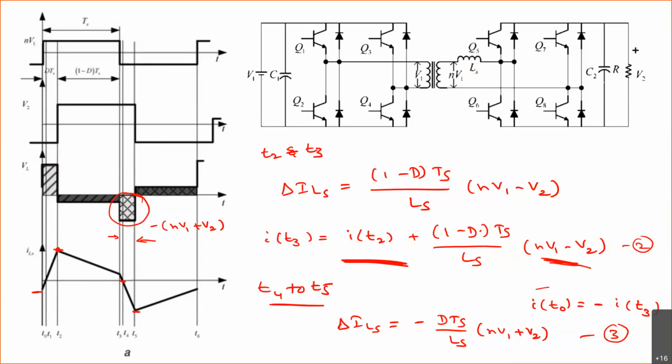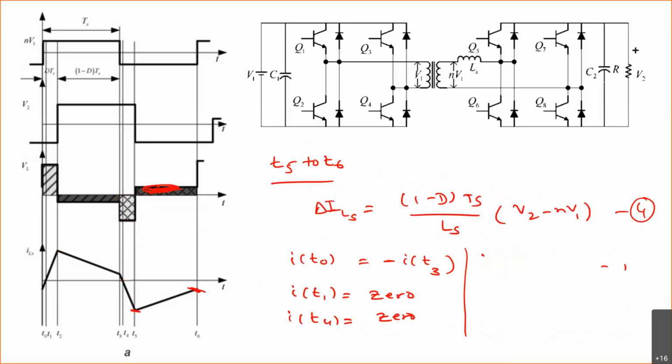This expression is valid for T3 to T5. So this is delta ILS minus D into TS over LS, into NV1 plus V2. A negative voltage appears across it, and the current is also going negative. Then T5 to T6, where it touches the negative peak and is reducing. So this is the equation.